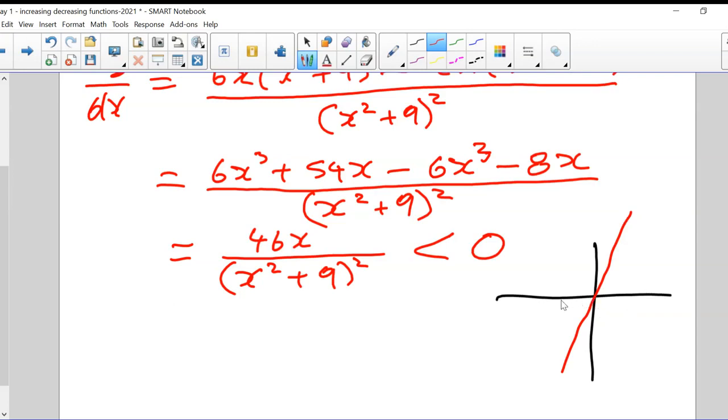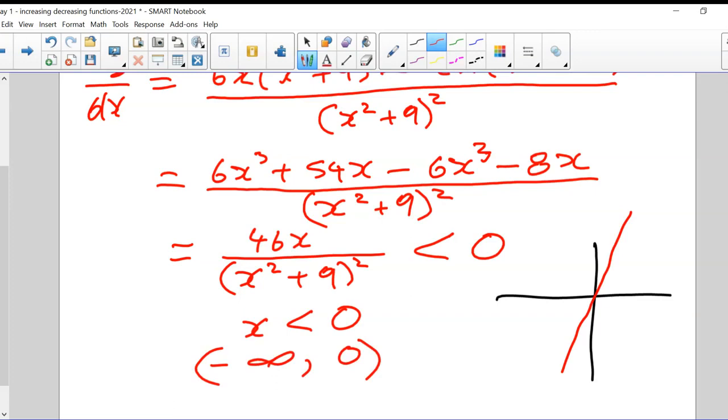Anything to the left of 0 is below the x-axis, it's negative. So this is negative when x is less than 0, or another way we can write that is anything from minus infinity to 0, but not 0 itself. 0 is not included.